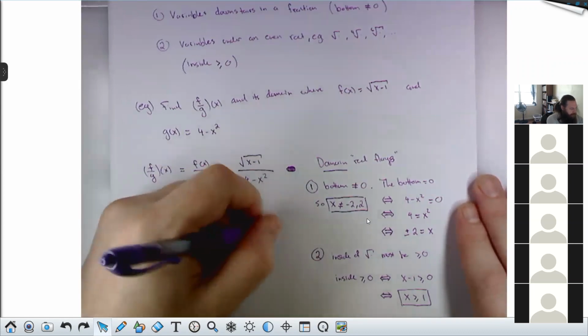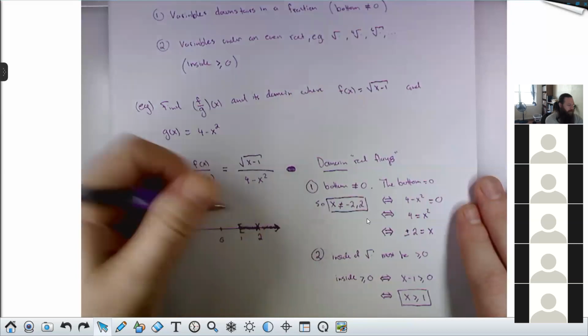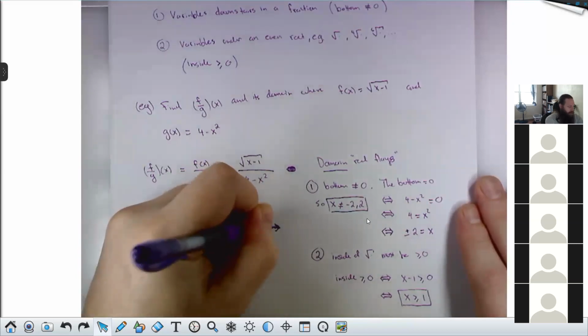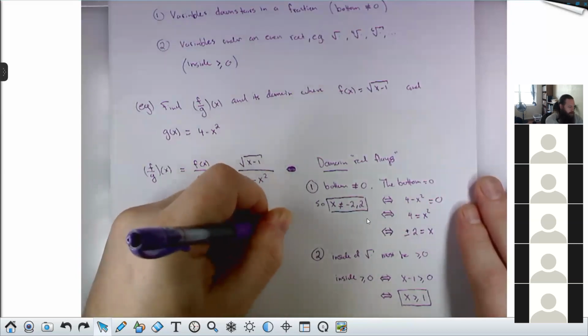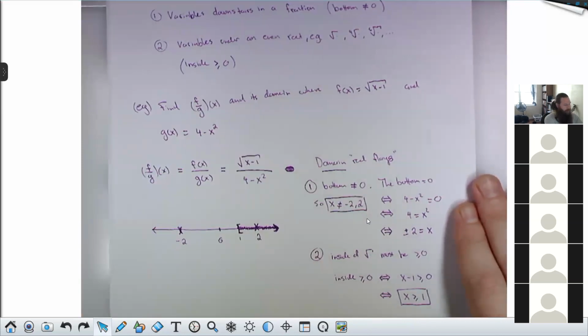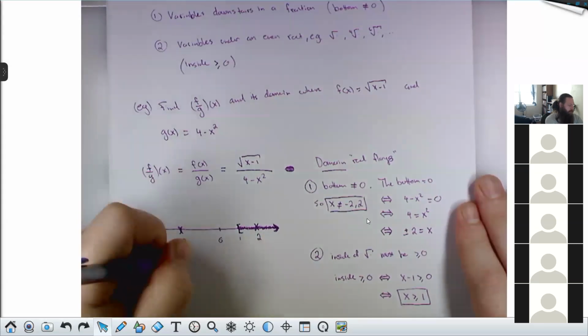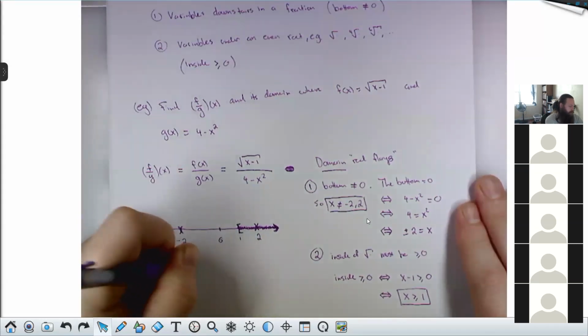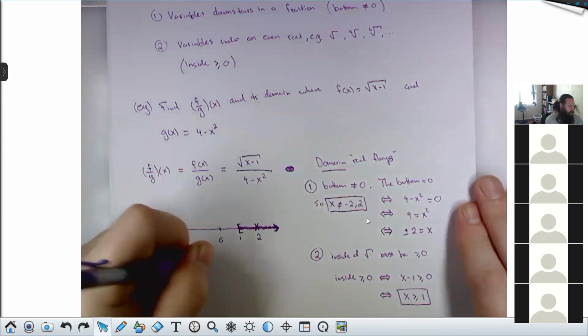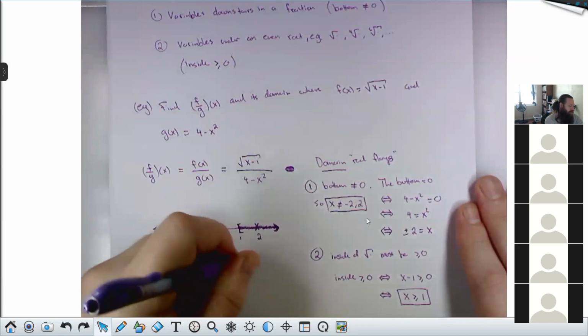So my domain is everything from 1 up to 2, not including 2, and then everything from 2 all the way off to infinity. So the domain here is, in interval notation, 1 to 2, union with 2 to infinity.